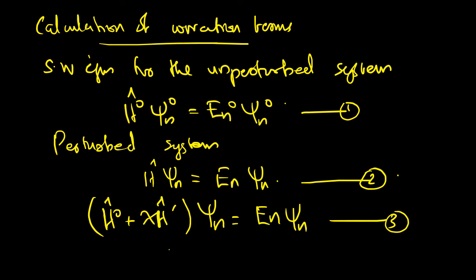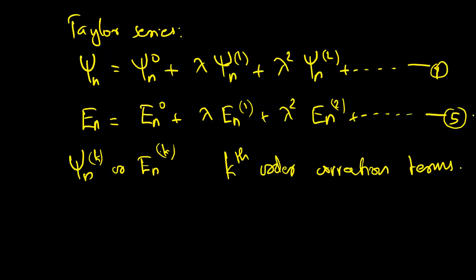So what we will get after substitution is H cap 0 plus lambda H cap dash, times psi n.